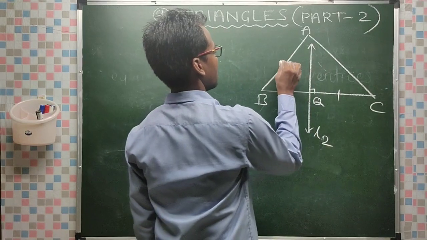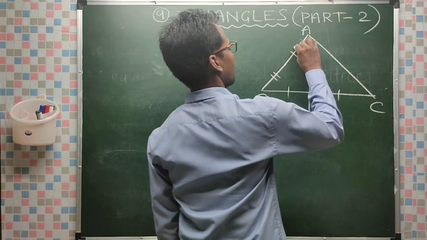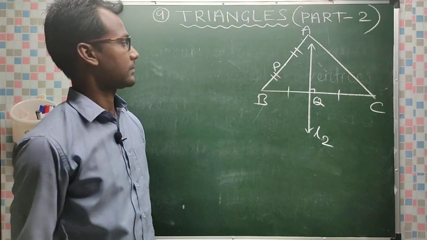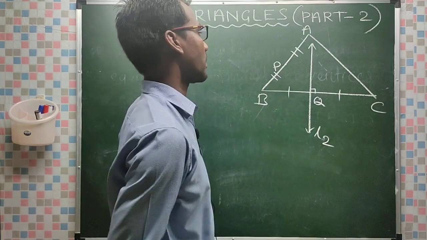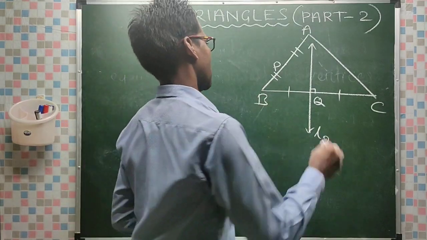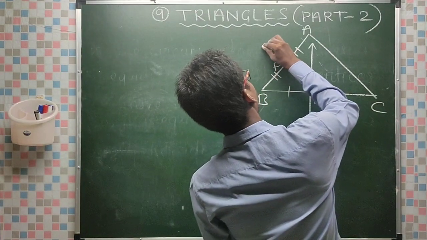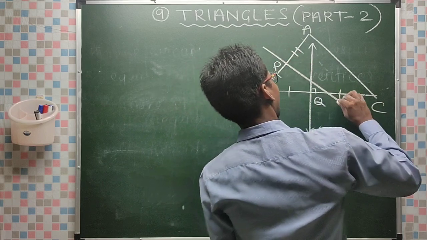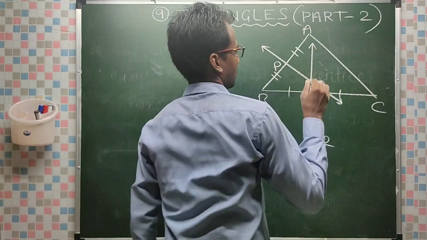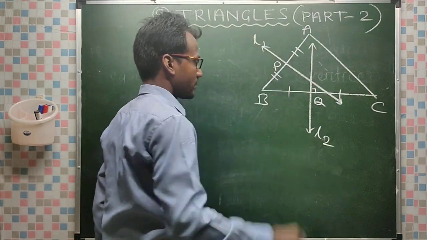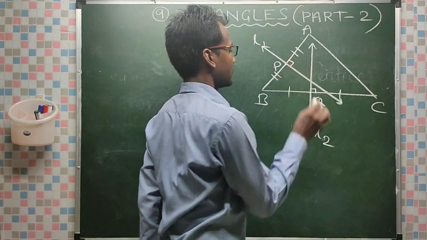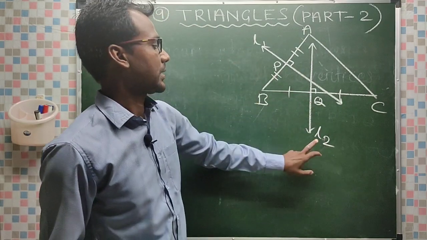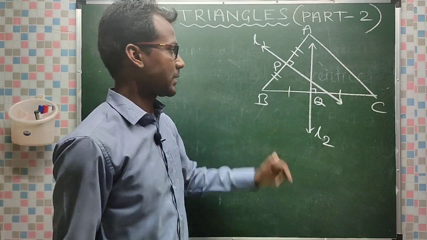Suppose this is P. The midpoint of AB is P. Through P, let us draw a perpendicular which will become the perpendicular bisector. Suppose this is line L1. L1 is the perpendicular bisector of AB. L2 is the perpendicular bisector of BC.